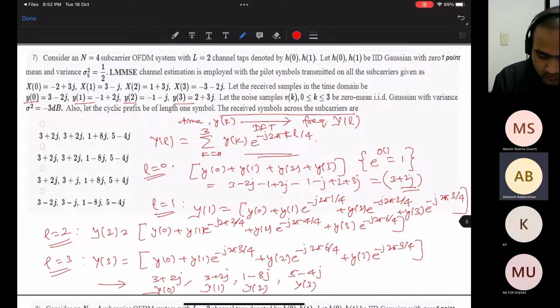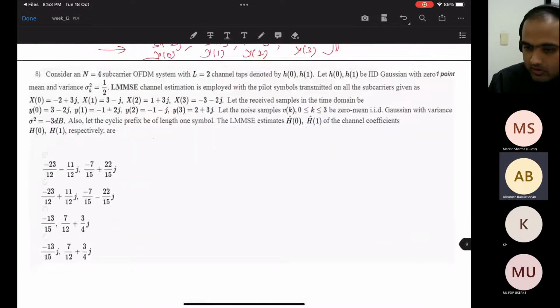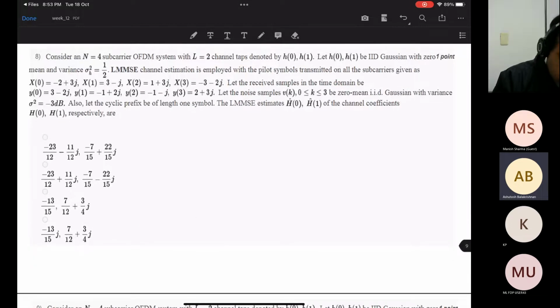This is Y of 3. Okay. So any doubt in DFT operation? Okay. So if you still have problems calculating this e to the power term, refer to week 7 and refresh your trigonometry to calculate the phase at each DFT or IDFT.